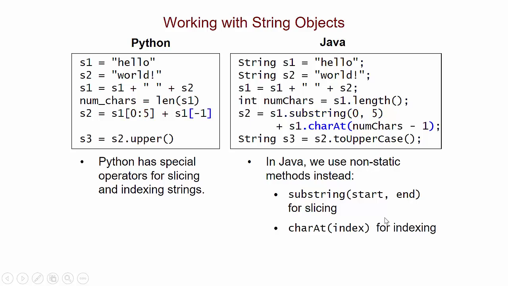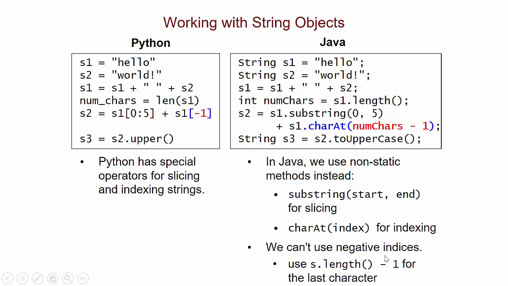We're going to get everything up to but not including. And then if we want to get just a single character, we use the charAt method. Again, that's inside the string, and you pass in the index of the character that you want to extract. So again, substring allows us to get an arbitrary length substring. charAt is always going to give us a single character.